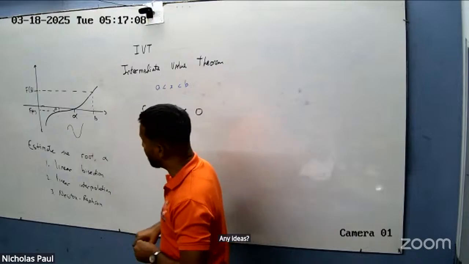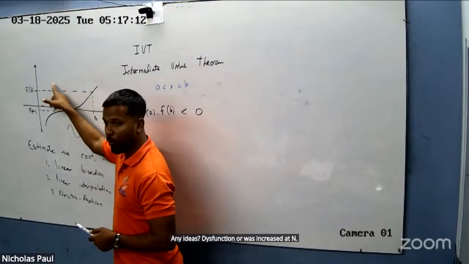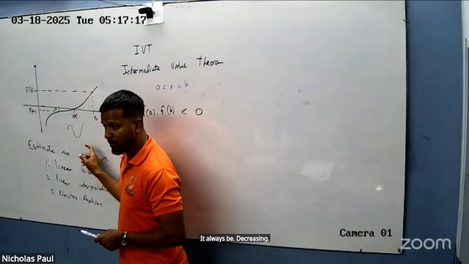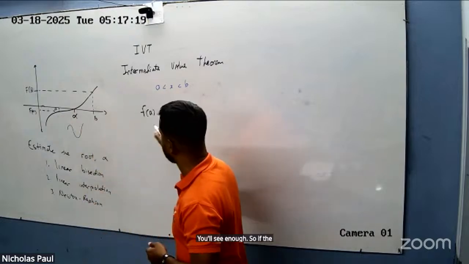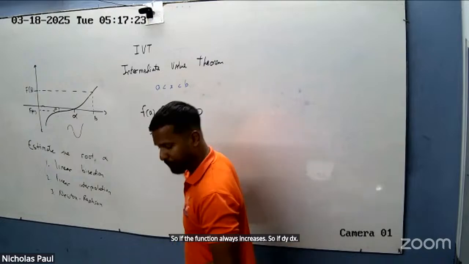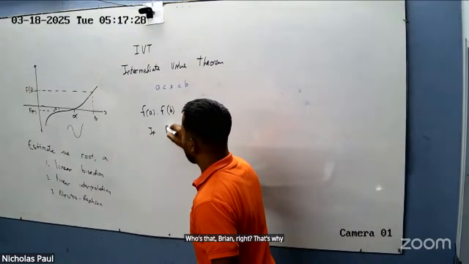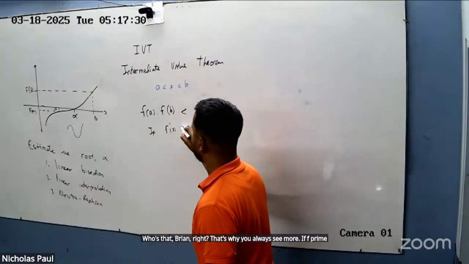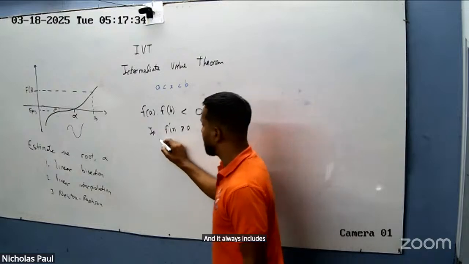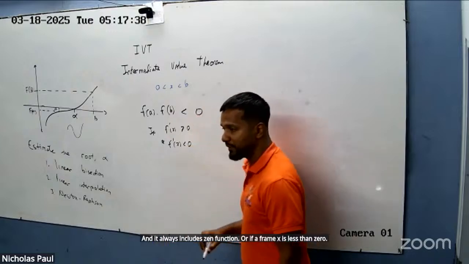Here's what you could do. This function is always increasing, or the function can always be decreasing. So if dy/dx, I use f prime, right? If f prime x is more than 0, it's always increasing, an increasing function. Or if f prime x is less than 0, it's a decreasing function.